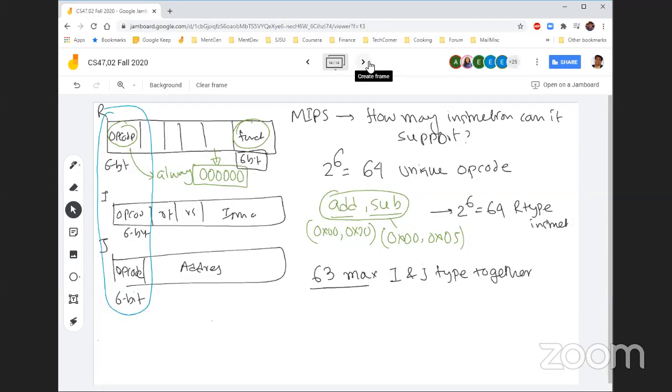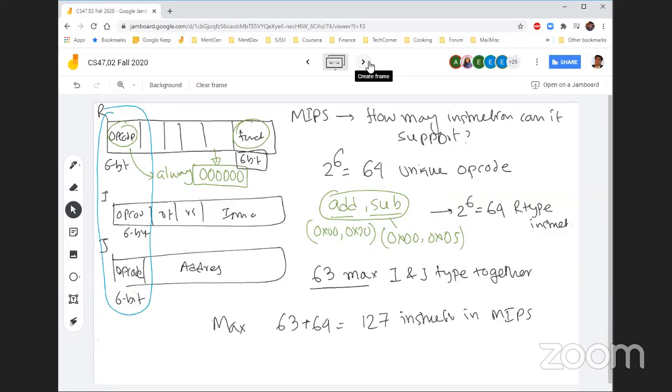So at most, I can have 63 plus 64 equal to 127 instructions in MIPS. Though MIPS has way fewer instructions, it is not 127. It's probably about 50 maybe. You can go through the MIPS green sheet page and count the number of instructions there. Maybe there are a few more on top of that, but definitely not 127.